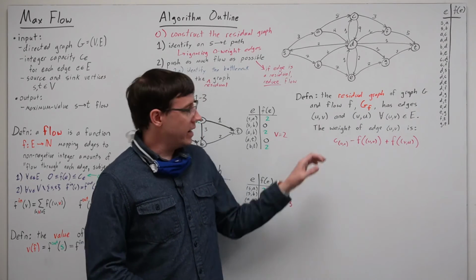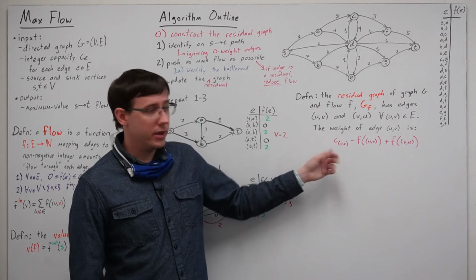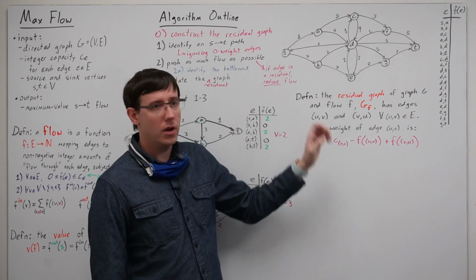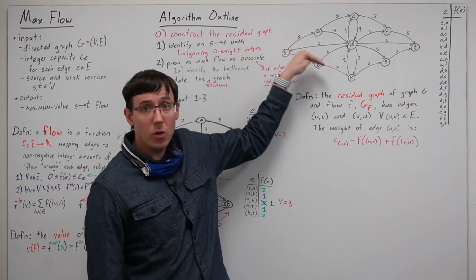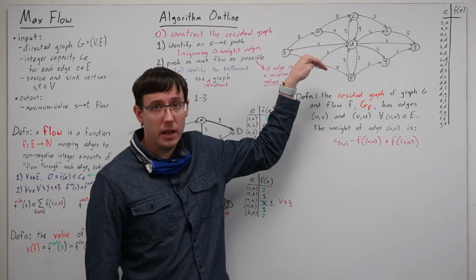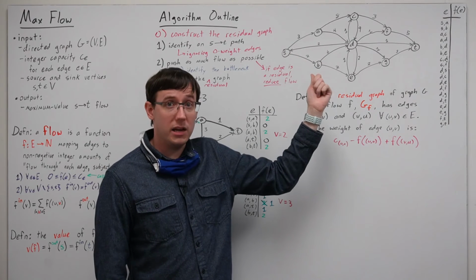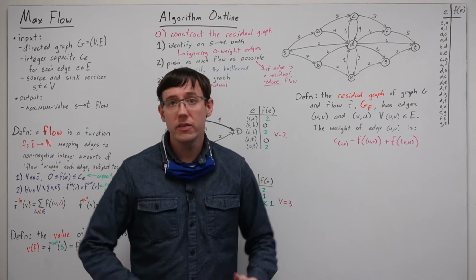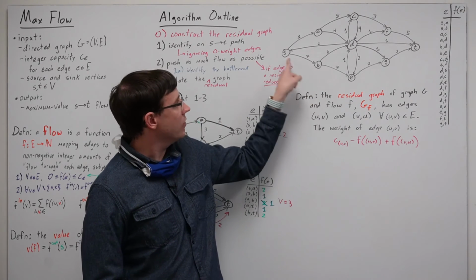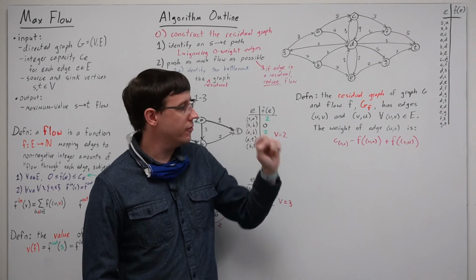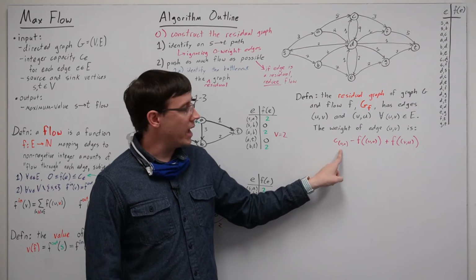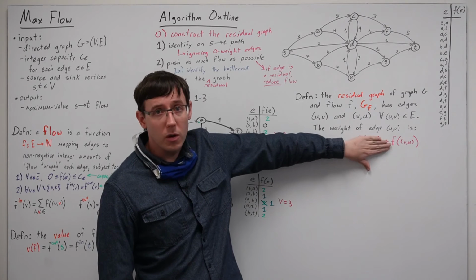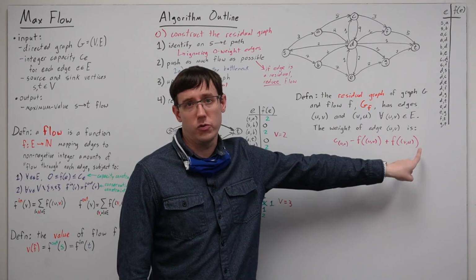The weight of an edge in the residual graph is the original capacity of the edge minus any flow that is currently on that edge plus any flow that is currently on the reverse edge. In the case of an edge that is not present in the original graph, it will have no capacity and no flow, so its weight will just be the flow on the edge in the other direction.